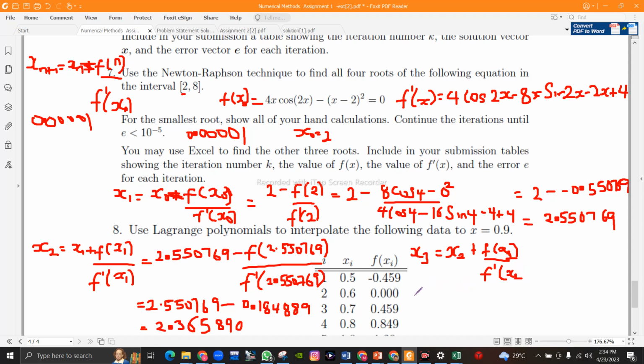So our x3 now, because our x2, that what we got earlier, which is 2.365890. Okay, it is 880. I made a mistake. If you supply this, you get 880, not 890. 880.